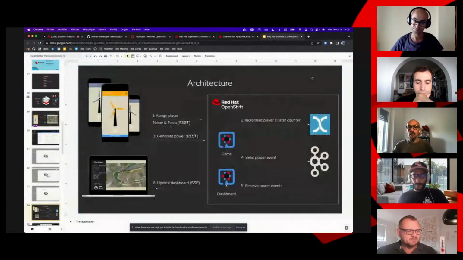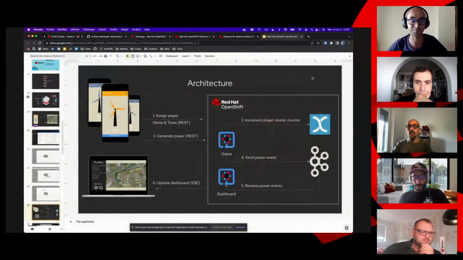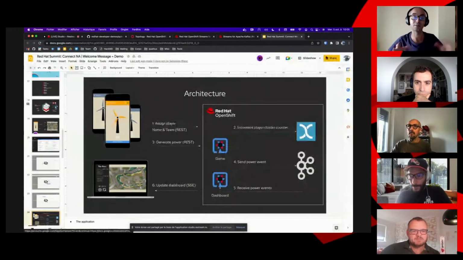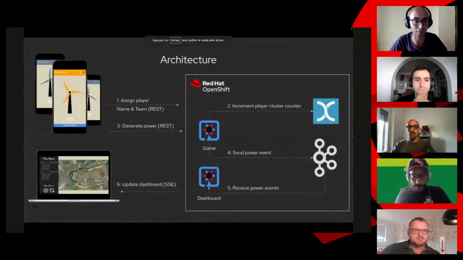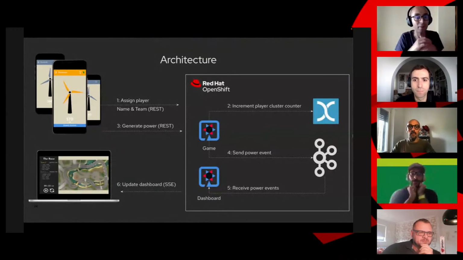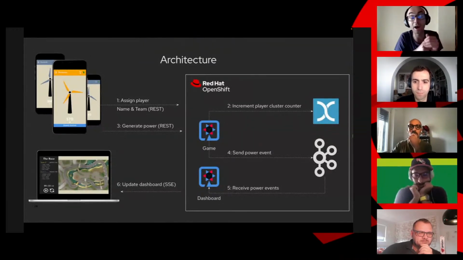Yeah, so this is basically the architecture of the application, or how the application is deployed. You will see your mobile phone with this wind turbine, where you will need to push really hard to generate some power. Basically the flow is that when you open the game, you will be assigned, as Andy said, a random name, and also assigned to team 1 or team 2.